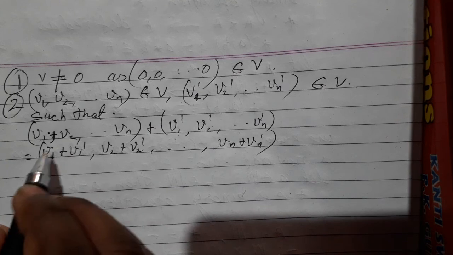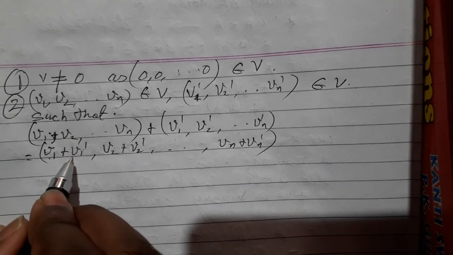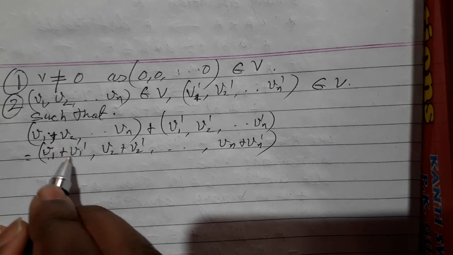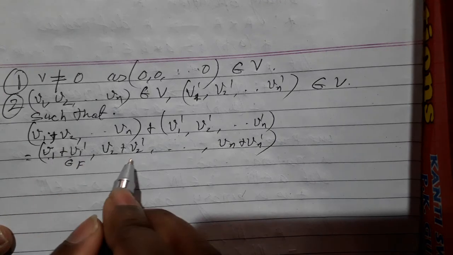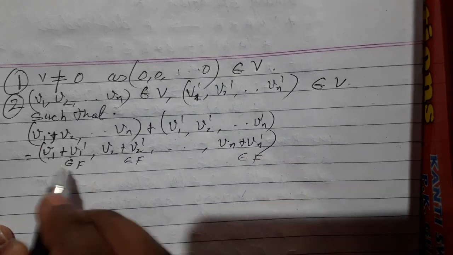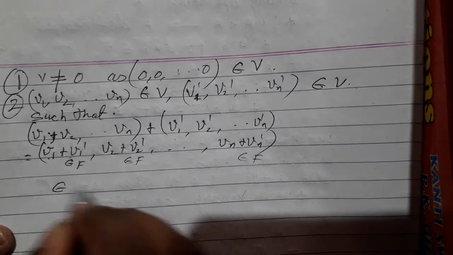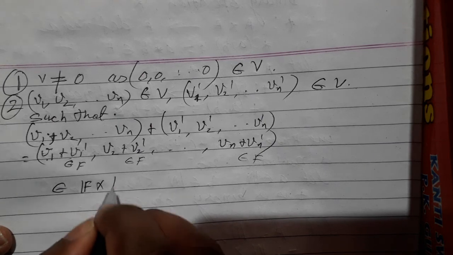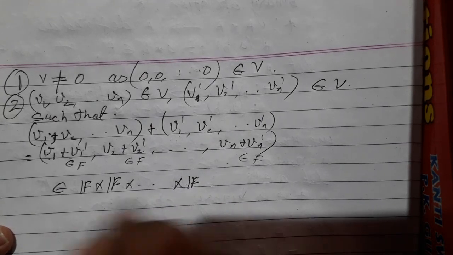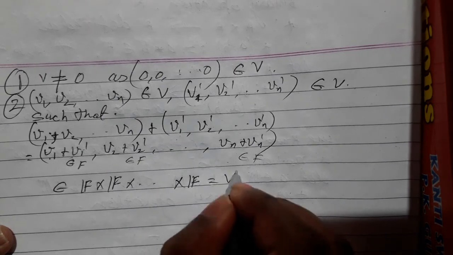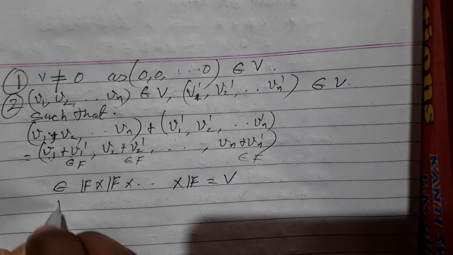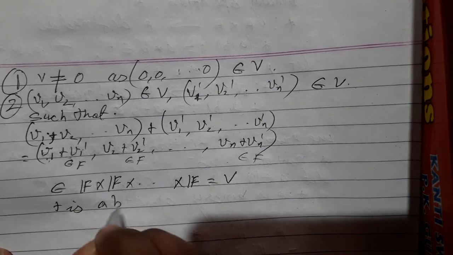Now see, each of these is from the field, and addition of two numbers from the field will again be from the field. So each belongs to F, and this belongs to F cross so on cross F, n times. This is nothing but V, so it belongs to V, so plus is a binary operation.